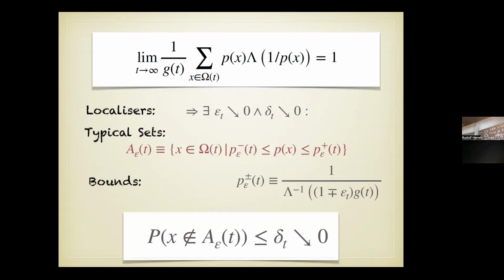So this basically means that for epsilon there exists some t, so that for all t prime larger than t, we have then 1 minus epsilon is smaller than x, t smaller than 1 plus epsilon, and we bring the g of t to the other side.